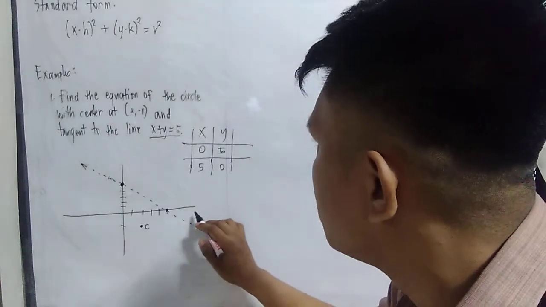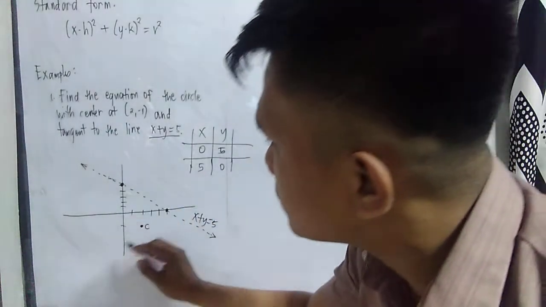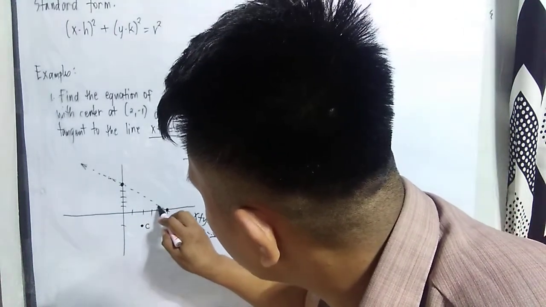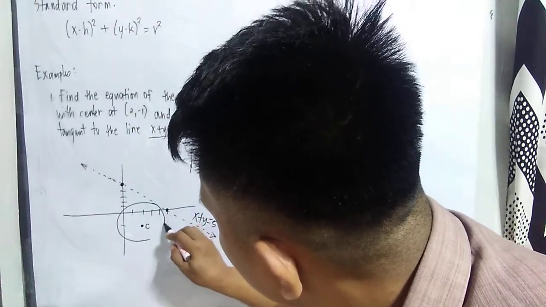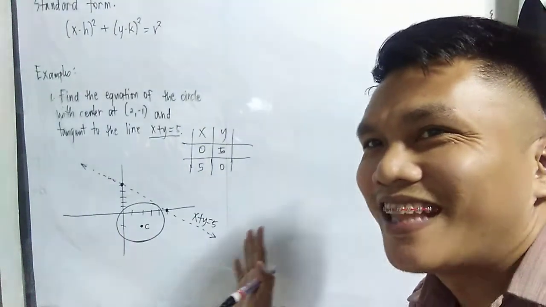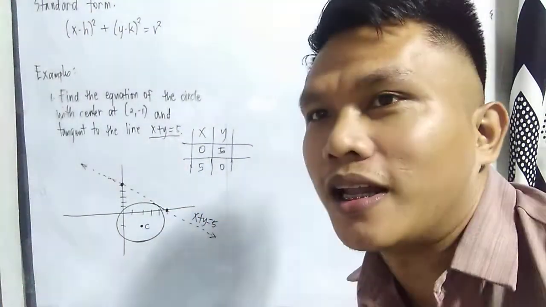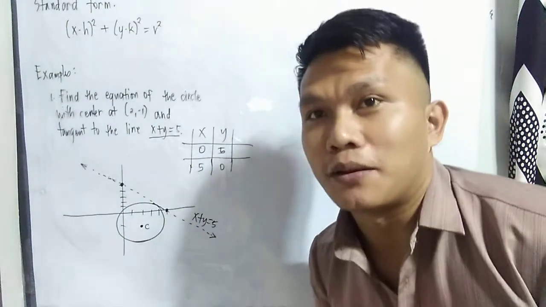Okay, so this is our x plus y equals 5, in which this line is actually tangent to the circle. I'm not good in drawing, so you have to understand that this line is tangent to this circle. So that would be the illustration of this problem.